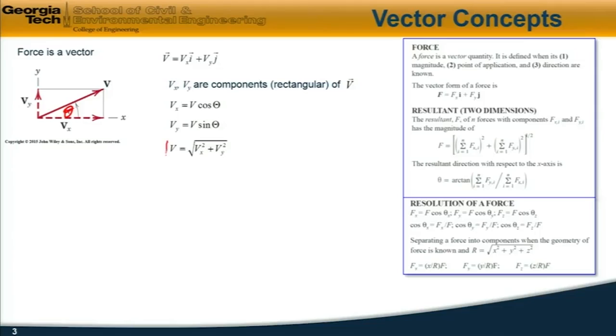Sometimes we write the magnitude within two straight lines, but normally I'll omit the two straight lines. So v, without a vector symbol on it, stands for the scalar magnitude of the vector. The angle theta is equal to the arctangent of vy over vx. A negative vector is just a vector with the same magnitude, the same line of action, but in the opposite direction.